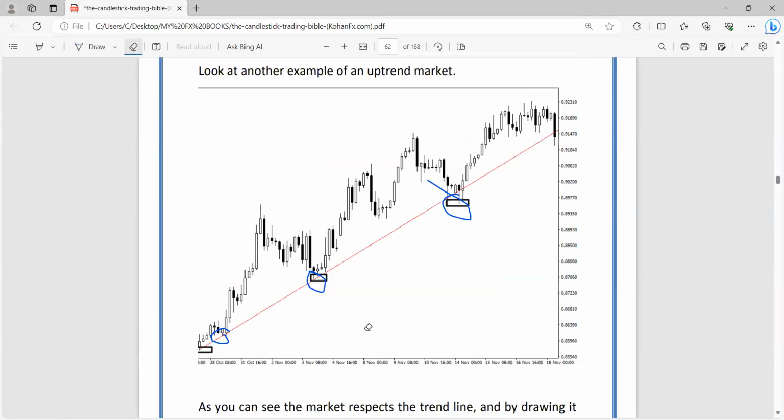Let's start with this one. You'll be able to connect it perfectly. Now someone might ask, why is this important? It's important because once you're able to connect these perfectly, you'll be able to anticipate what's going to happen.